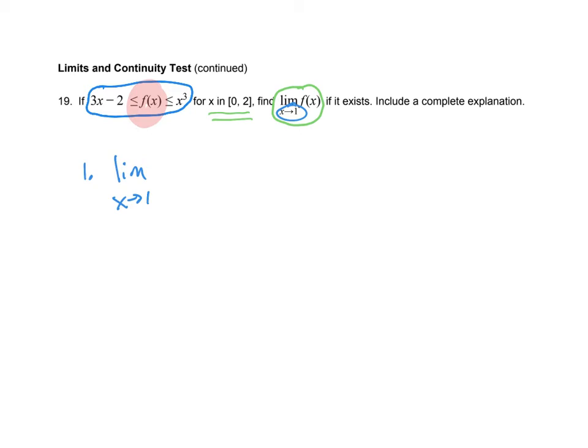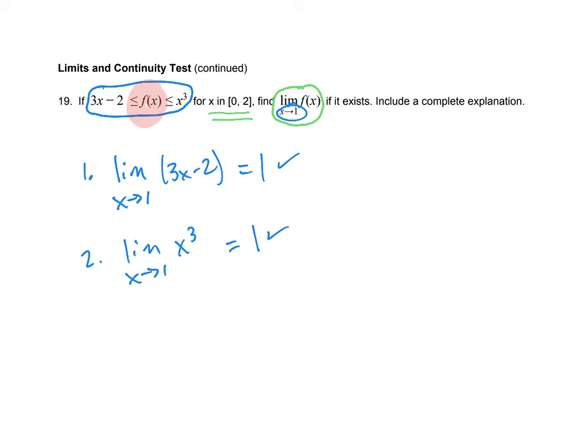Limit as x approaches 1 of 3x minus 2. When you plug in 1, you get 1. So that limit is 1. That's good news. Number 2, limit as x approaches 1 of x cubed, which is the other end. You plug in 1, that guy equals 1. And because both of these limits equal 1 and our function is trapped, we can apply the sandwich theorem.